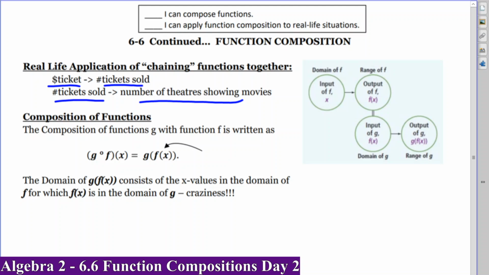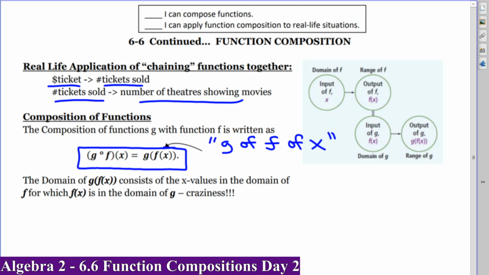So first and foremost, before we even look at some examples, we got to look at what this means, okay? We write composition of functions as follows below. You have a g, and then you have this open dot, and then f, and then x, and all it's saying is this is g of f of x, okay?